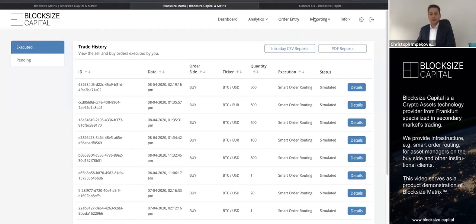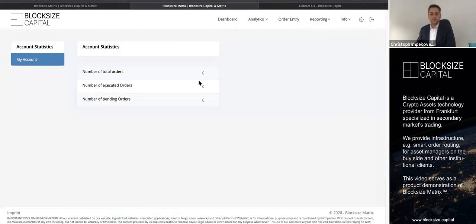And when it comes to several server statistics, which are relevant in this particular case, you can show dedicated metrics with regards to the connectivity of the order books.